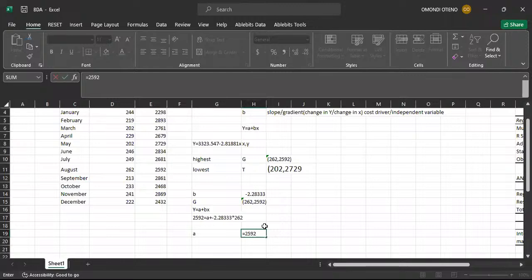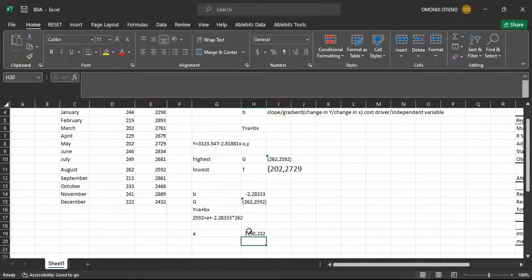So we have plus 2.2833 multiplied by 262. Close your brackets and enter. So it means the value of A is 3190.